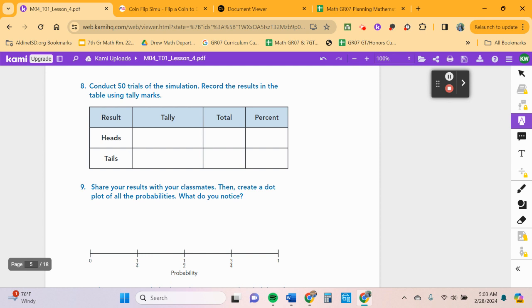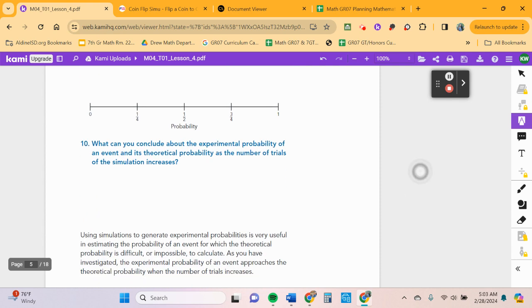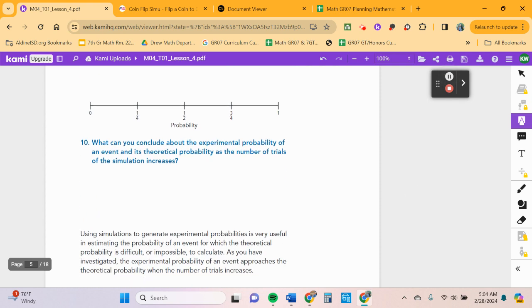We're not going to create that dot plot with multiple points of data. But after we conduct this experiment, you will answer number 10 on your own, which says, what can you conclude about the experimental probability of an event and its theoretical probability as the number of trials of the simulation increases?